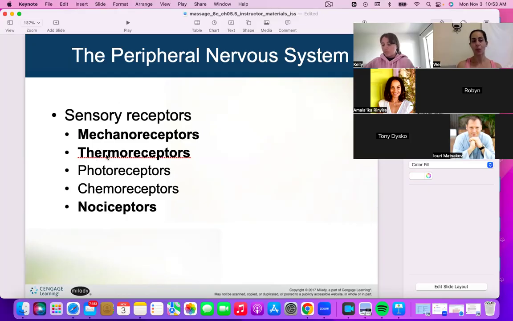Thermoreceptors, from the word thermo, which is temperature, so it senses temperature and translates that to the brain, because there's a receptor that's specialized to sense the heat, the temperature. We have photoreceptors for light, chemoreceptors, anything chemical, could be an additive of salt or something like that.